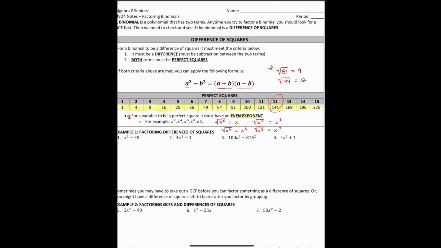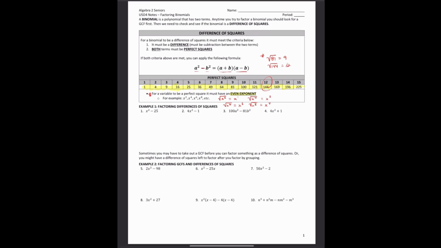If you get the square root of x to the 6, you look at 6, divide that by 2, and you get 3, and then you know the drill: when you have the square root of x to the 8th, that's going to give you x to the 4th. So, hopefully we have an understanding of what we need in order to factor, okay?